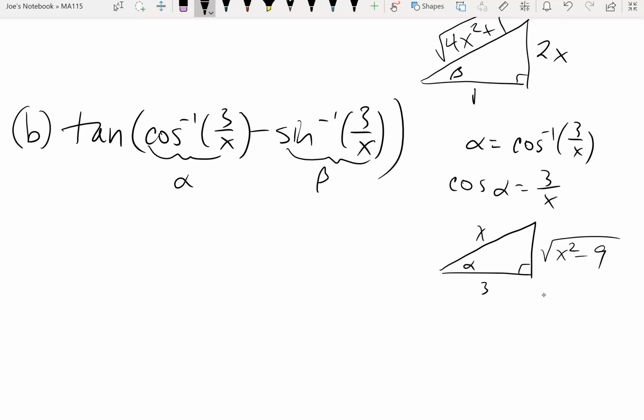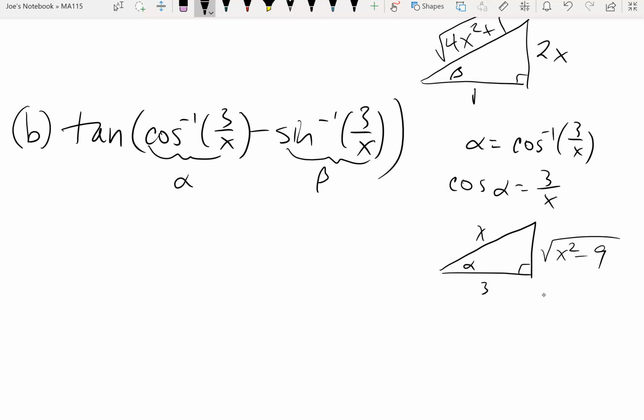Should just be slightly different. There should be a flipping of a couple of things, but yeah, same idea. Do we see where this is coming from? All right. First thing I did was just rewrite the equation and then set up the triangle like we've done before. So it's going to have cosine of an angle is 3 over x. I know that if I put that angle in a right triangle, I know how to label its adjacent and its hypotenuse. So let's do the same thing for the sine.